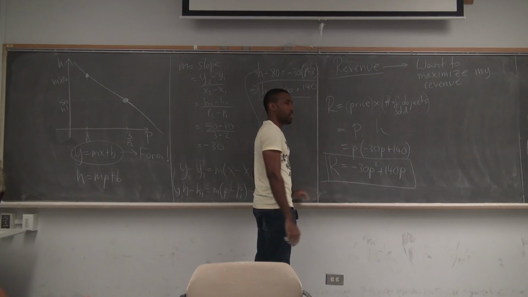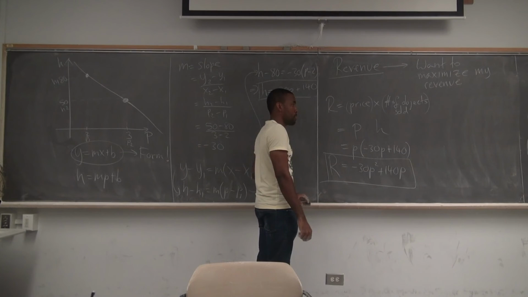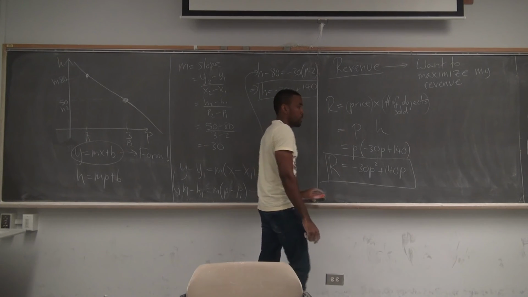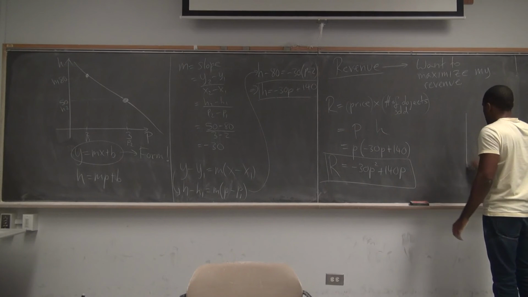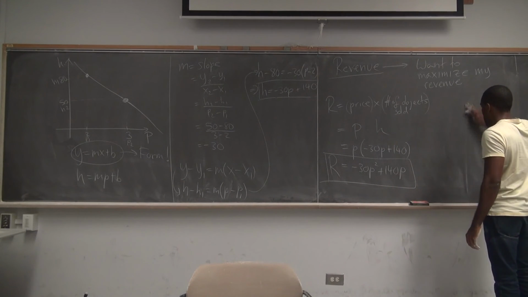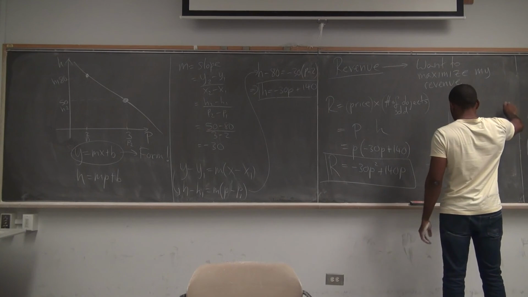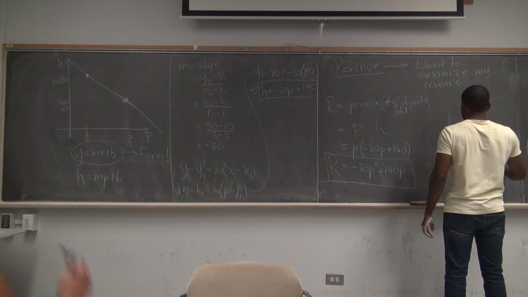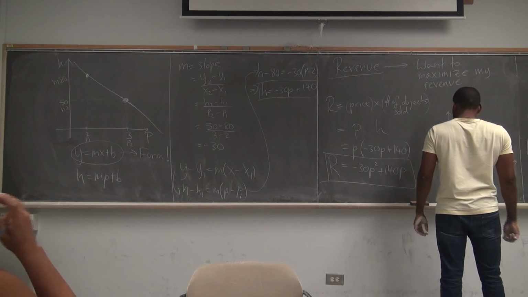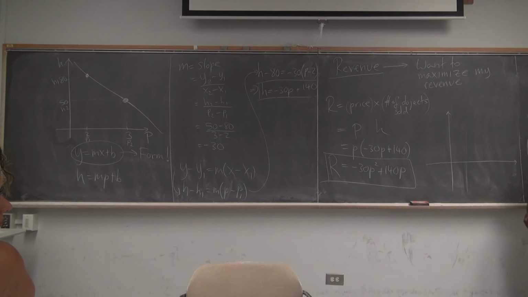What kind of function is that? It's a quadratic. And we know a lot about that form, don't we? What would this guy look like? A parabola. How does it look? Concave down.